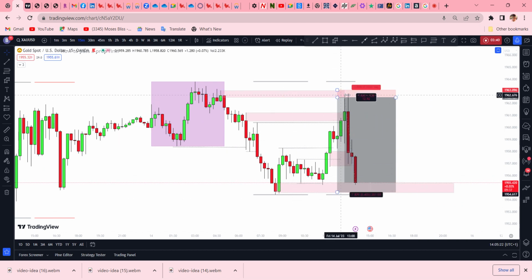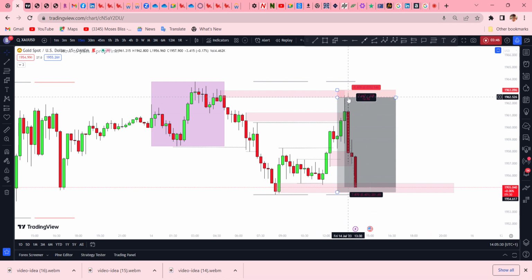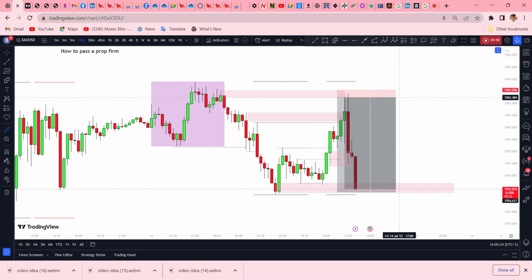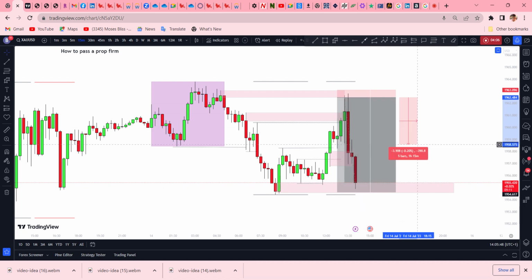So when it came back here, and we expected to make about 8% here, the market came back here and tapped from the entry. So let's see, this entry is about 6 pips on gold. Remember, I trade gold. And TP is about 75 pips.